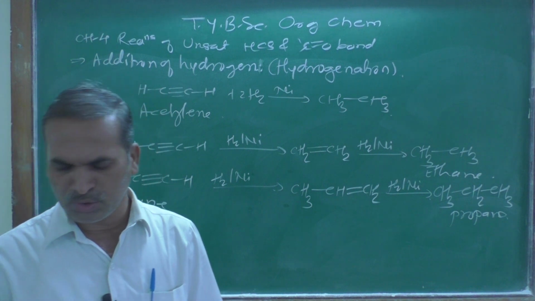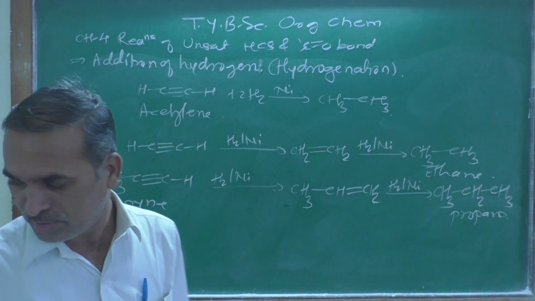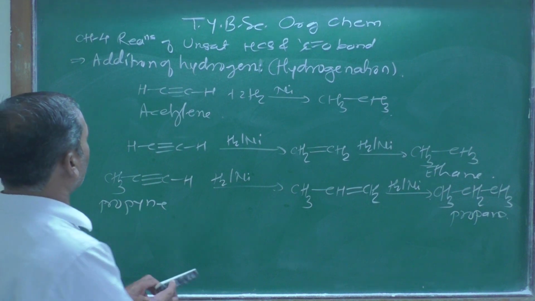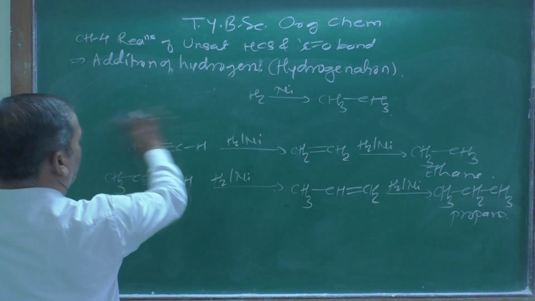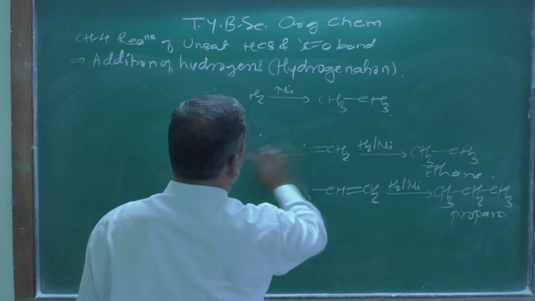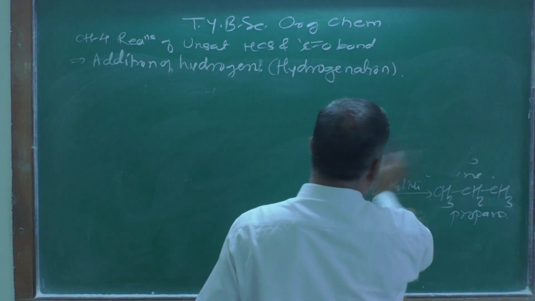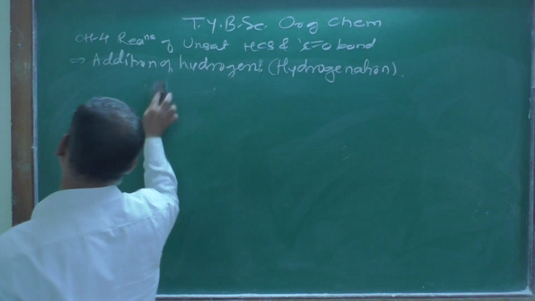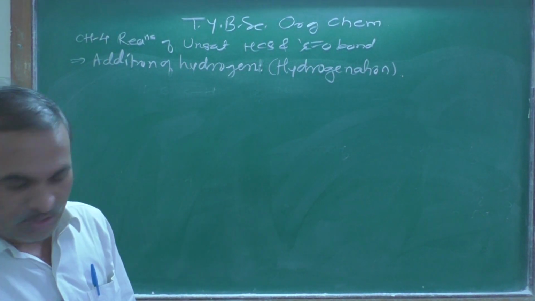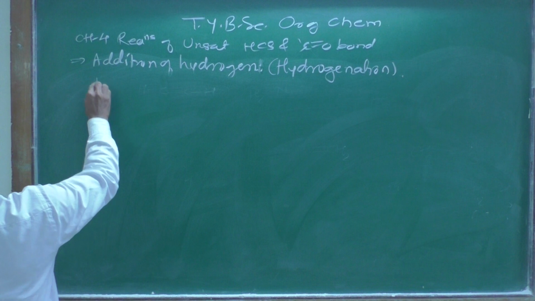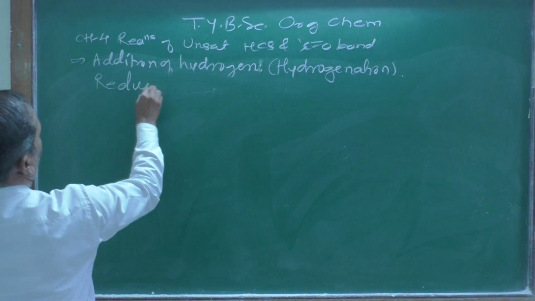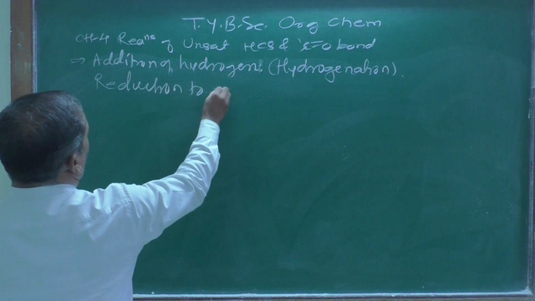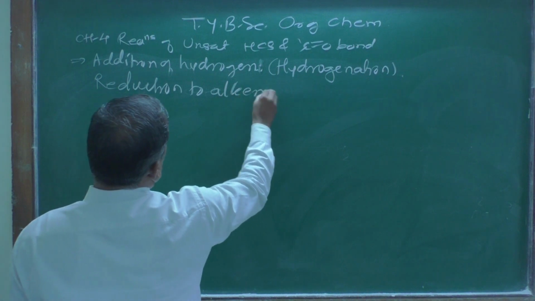So reduction to alkene is the point we are going to learn here, and this is very important from the exam point of view. This is a sub point: reduction to alkene.